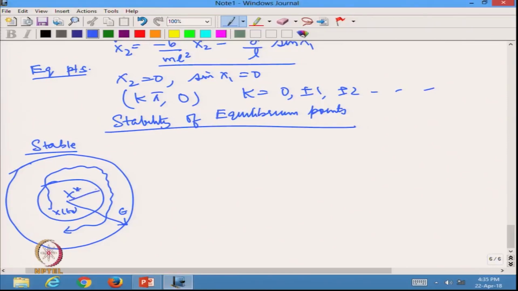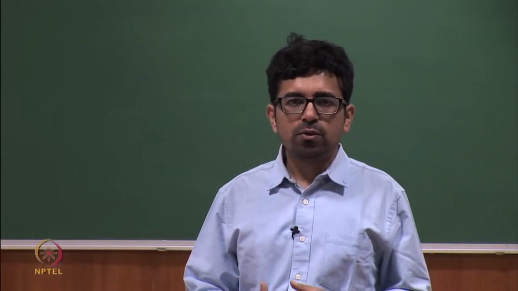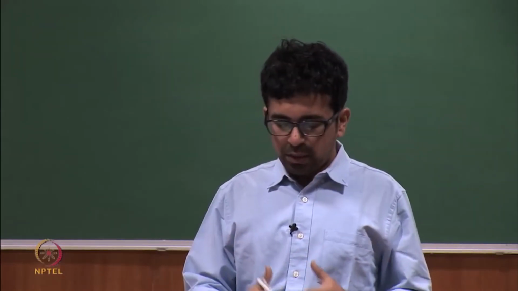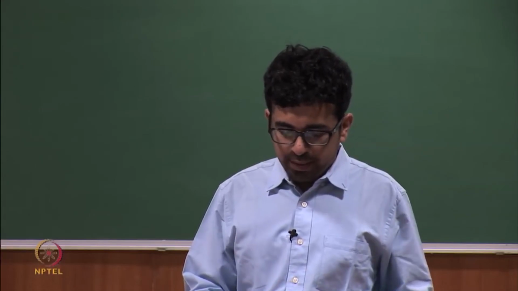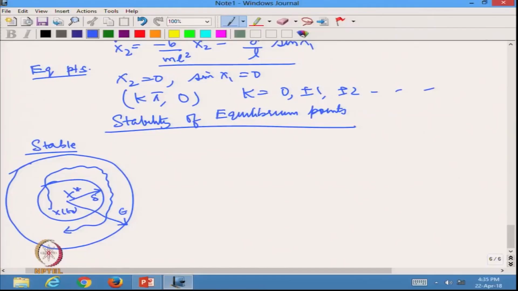So, what we are trying to say here is that you could stay close to the origin or the equilibrium point for all time, provided you start sufficiently close to it. This is what these two balls are representing here: given any epsilon, that is the ball where you want your trajectories to lie.